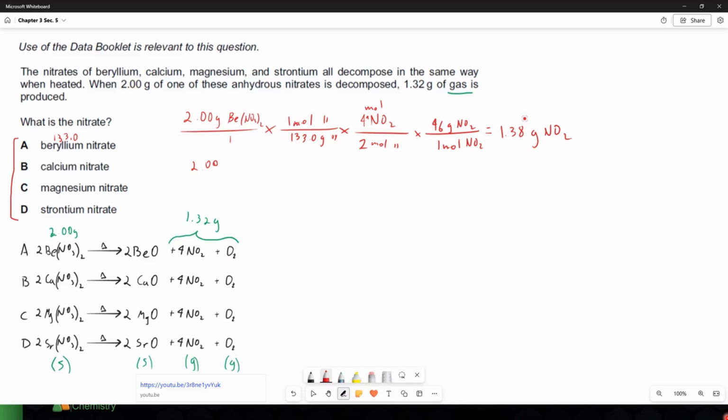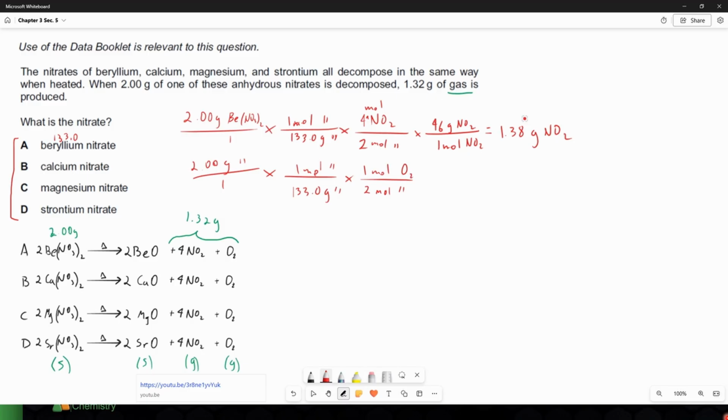So 2.00 grams of beryllium nitrate times 133.0 grams of beryllium nitrate, 1 mole. But now we're converting this to oxygen. So we have that 2 moles of beryllium nitrate is equal to 1 mole of oxygen.